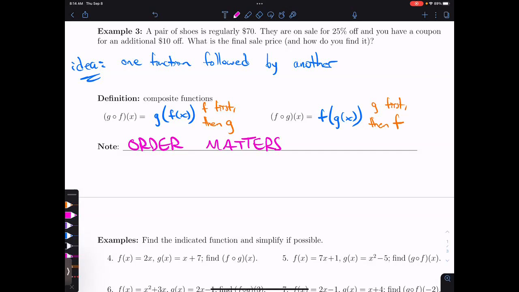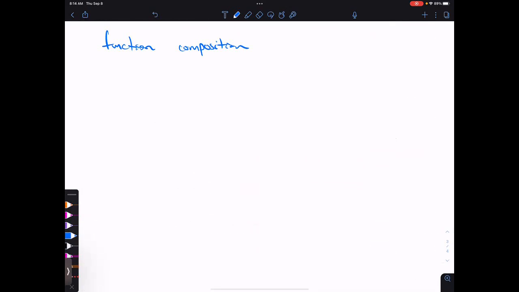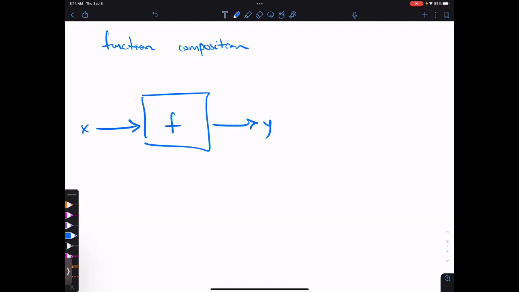Okay, here's another example. If we think of a function like a machine, we've drawn this picture a bunch, a function takes x's and does its thing and spits out a y that goes with it, right?